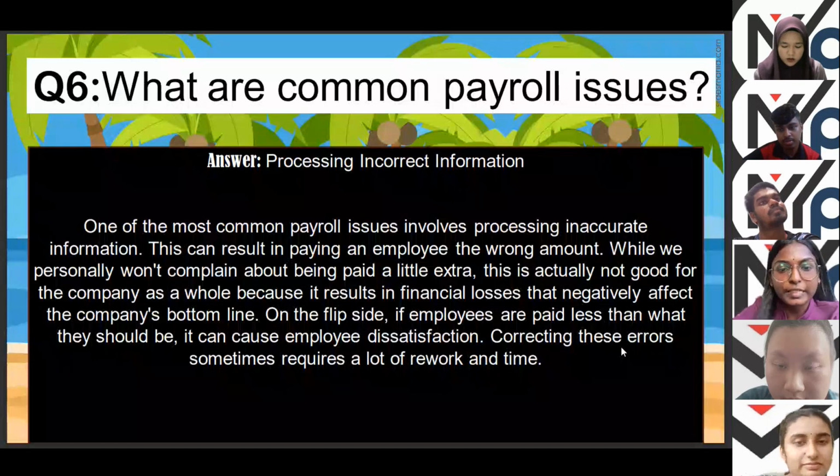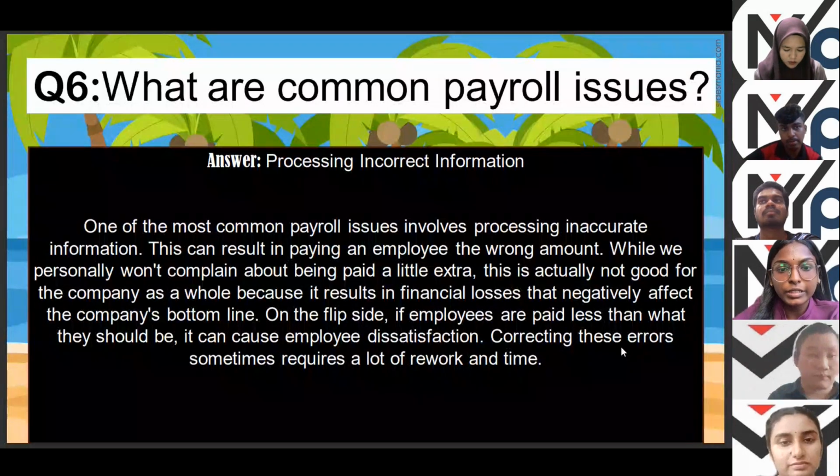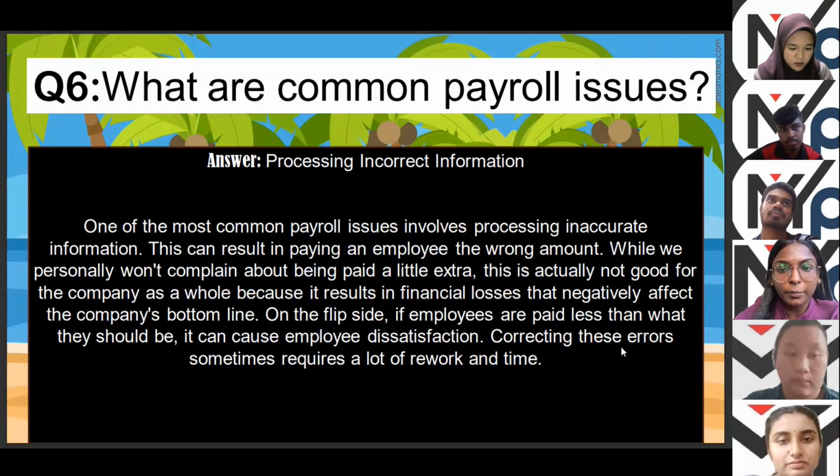The answer is processing incorrect information. One of the most common payroll issues involves processing inaccurate information. This can result in paying an employee the wrong amount.